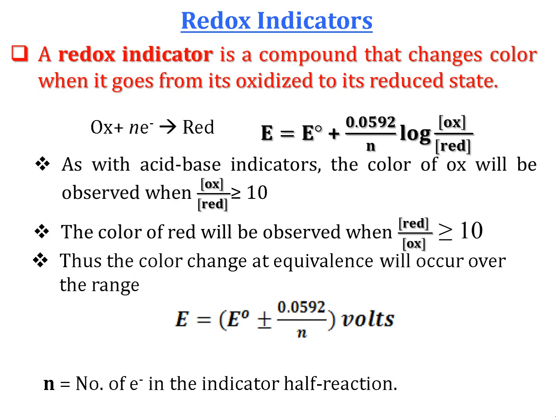The best is that where E of the solution or E of the system at equivalence belongs to the range E0 of the couple minus 0.0592 divided by n, and E0 of the couple plus 0.0592 divided by n. This is identical to the best indicator used in the pH titration. The best indicator used in the pH titration is that where pH at equivalence belongs to pKa minus 1 and pKa plus 1 of the couple.